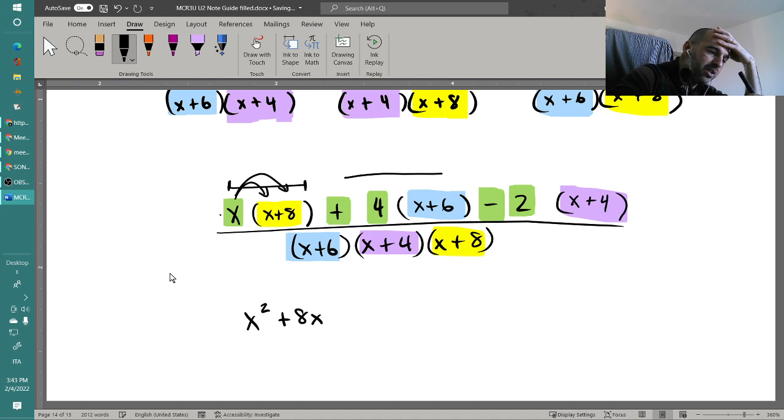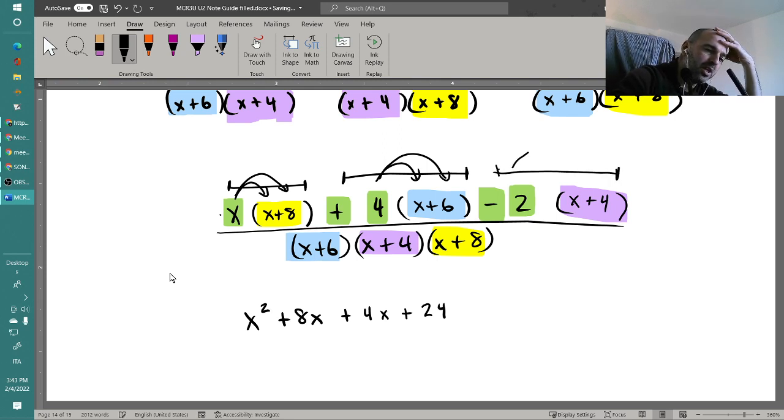Now my positive 4 and my 6, x plus 6, same thing. Distribute here and here, so leaving me a plus 4x plus 24. And now this one, the negative 2 distributes in as well, leaving me a minus 2x minus 8, okay?